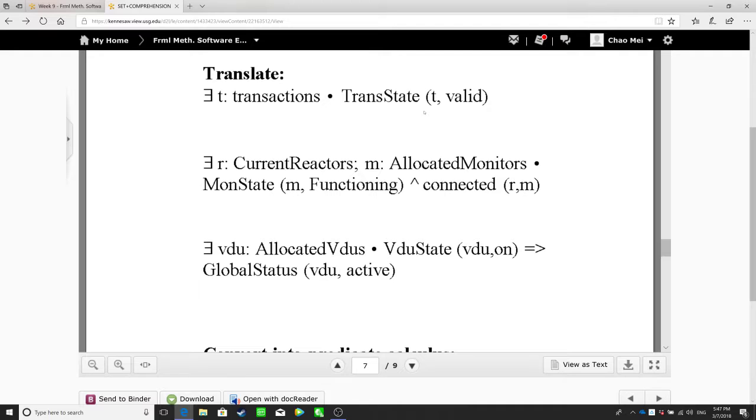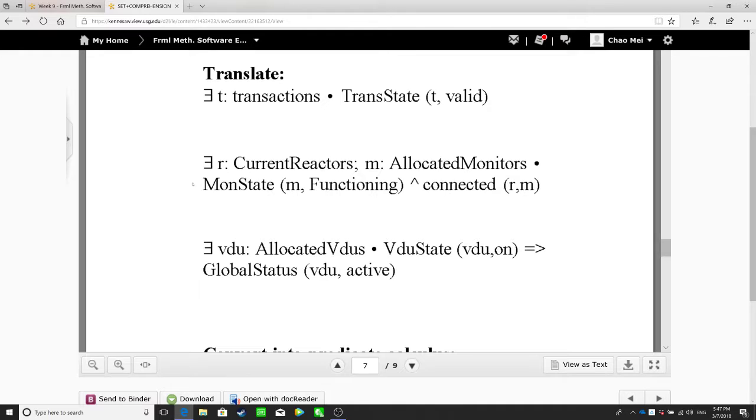Okay, remember that structure here? That represents the relationship between T and valid. So T has the transaction state which is valid. Okay, that is a function there. Represent this relationship. Alright, so that's the first one. Now take out your pen, grab a pen and a piece of paper.